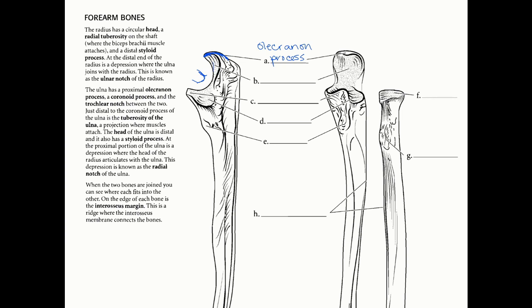B, on the other hand, is going to fit against the trochlea of the humerus, and that's why this is going to be referred to as the trochlear notch. And then C right here is our coronoid process.